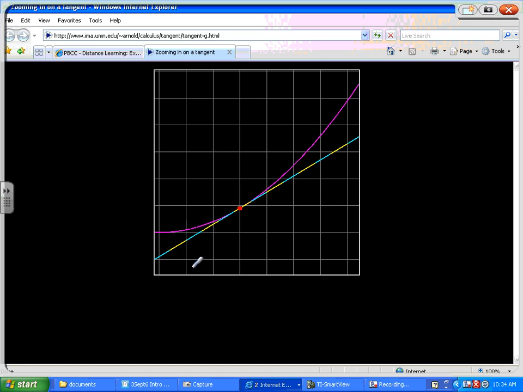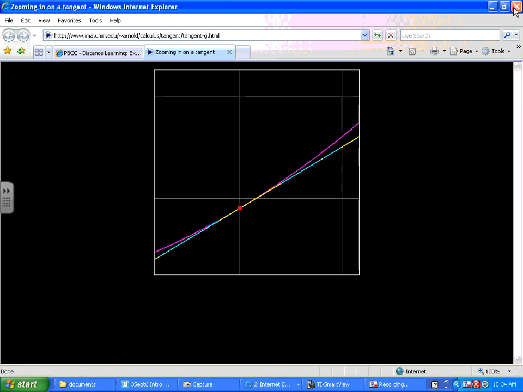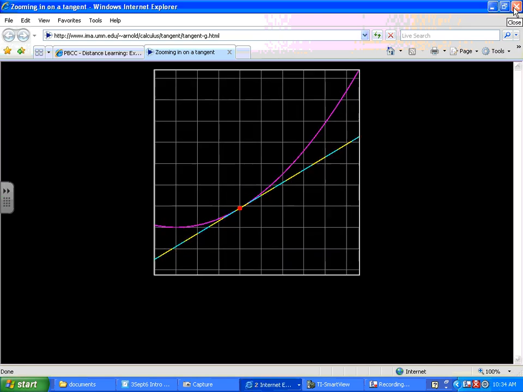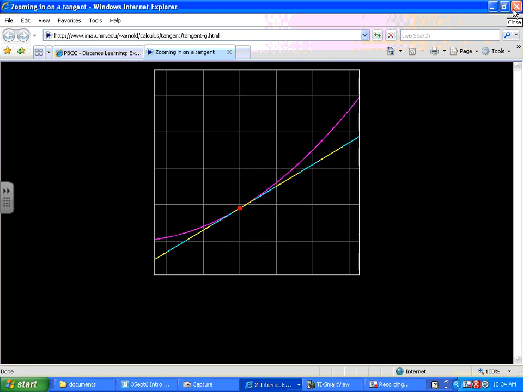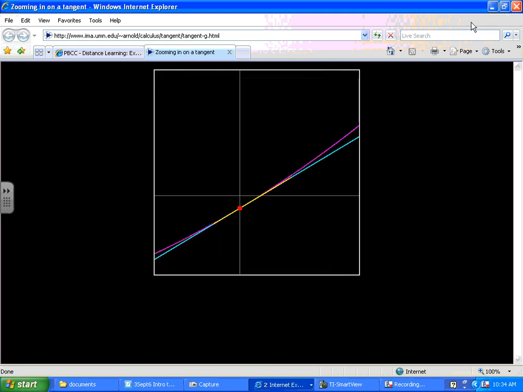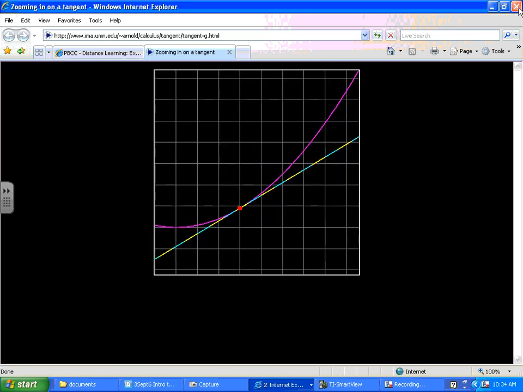So the tangent line really approximates that curve really well, and we know how to deal with lines. So we can find the tangent line, and by finding the slope of the tangent, we will know the slope of the curve, or the instantaneous rate of change at that moment. Again, it's zooming in further and further. You can see the curve becomes the tangent line at a very local zoomed-in point of view.